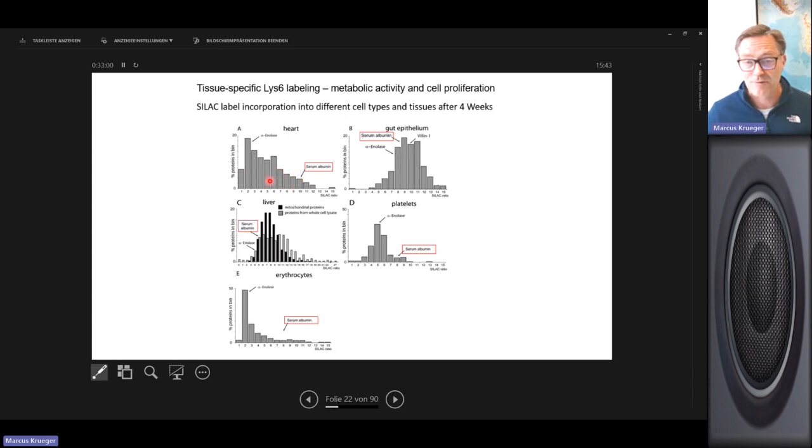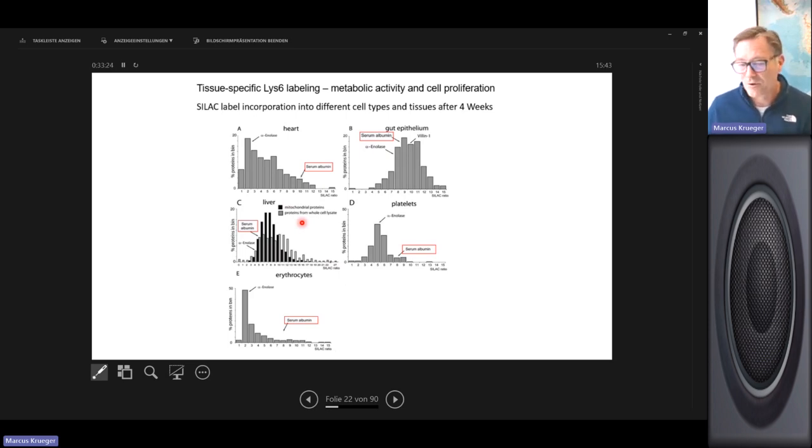As I said, after 4 weeks we have a heavy to light ratio of 10. So we have 10 times more serum albumin compared to the light situation. We always have very similar ratios for the serum albumin, whether we look in heart, gut epithelia, liver, platelets, or other cells.